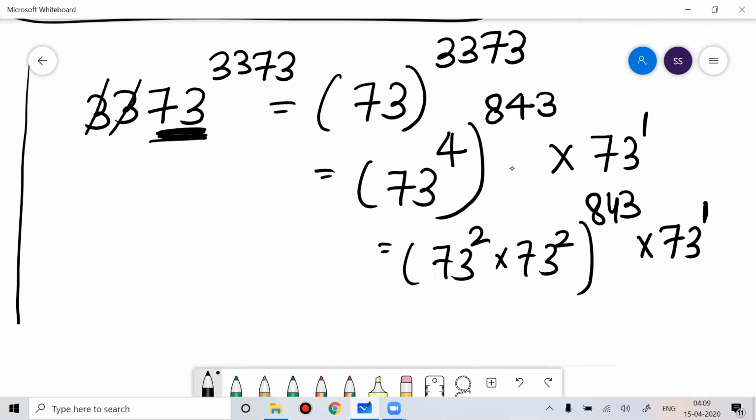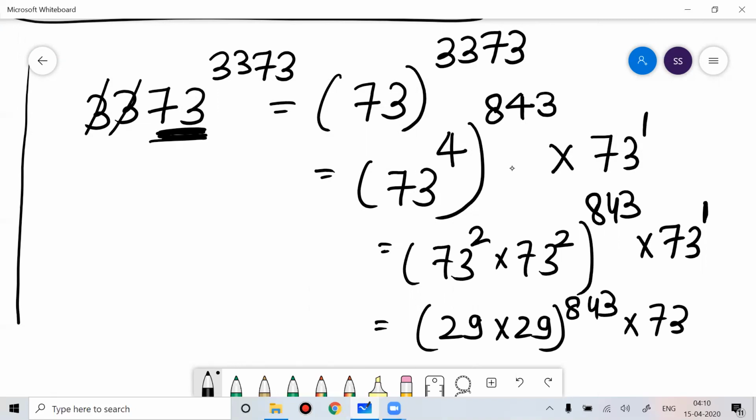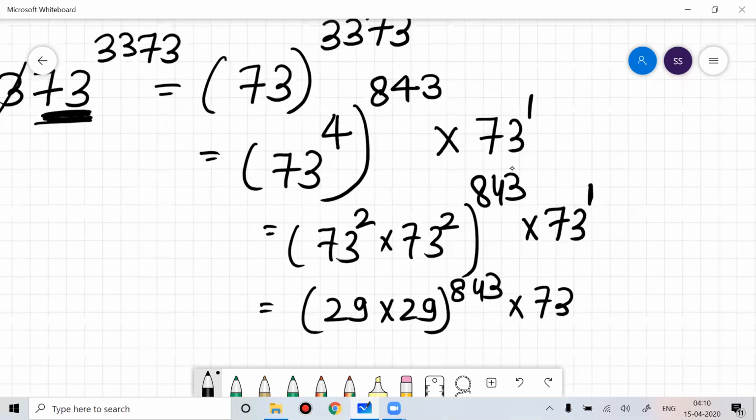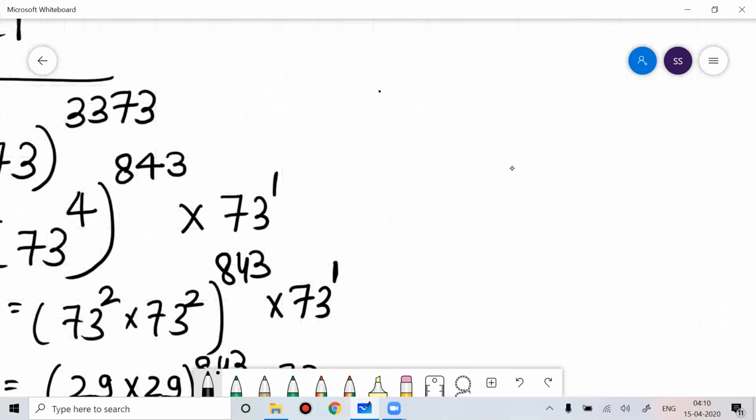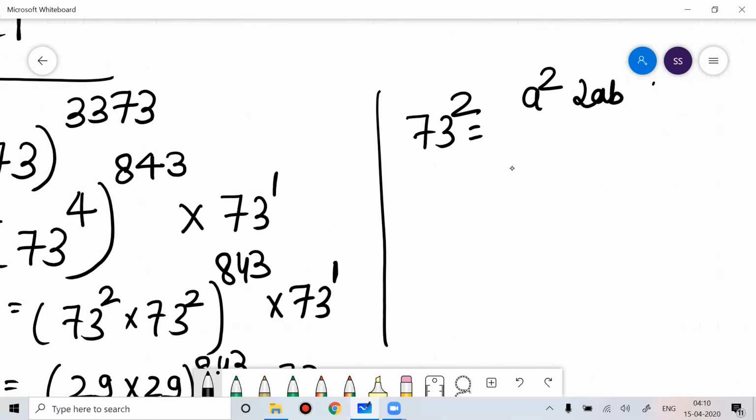If you want, just find 73 square. I don't know offhand what 73 square is, but I know it ends with 29. How do you know this, sir? There's a formula to find 73 square: a square, 2ab, and b square.